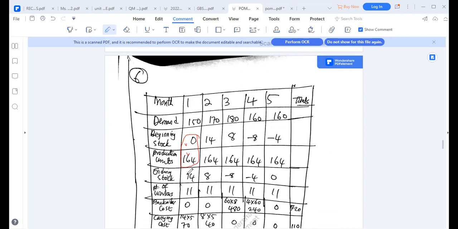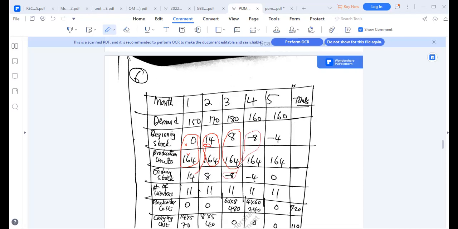Now this 14 becomes the beginning stock for the next period. So the 14 plus the production of 164 minus the demand of 170 gives a physical stock of 8. Then the 8 plus 164 to meet the demand of 180, we have a shortage of -8. This -8 will be a backlog.